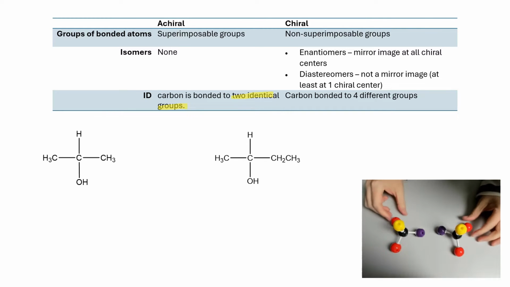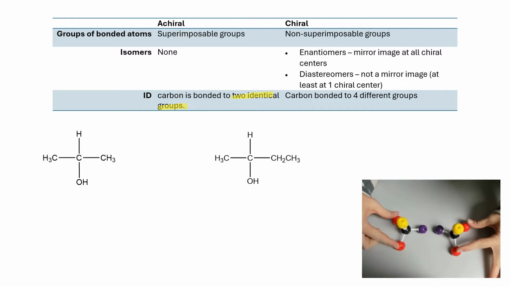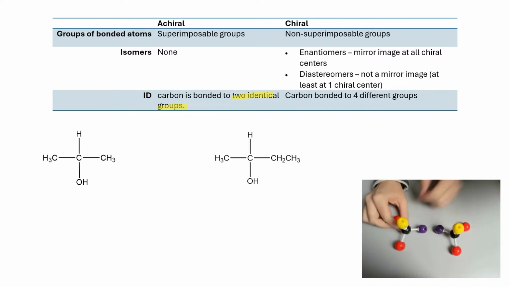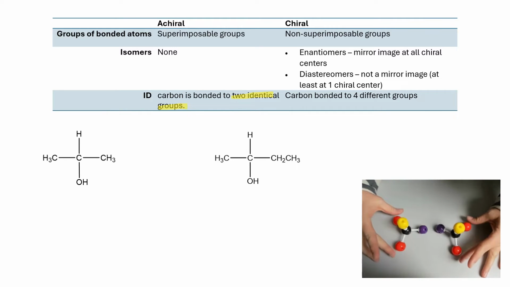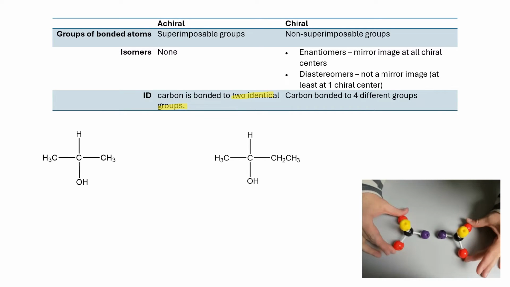If I have 2 identical groups, as I have built here in my models, I have a yellow group on each of my structures, a purple group, and 2 red groups. It's the 2 red groups that are the same. So right now, what we're looking at is a black, yellow, purple, and 2 reds.